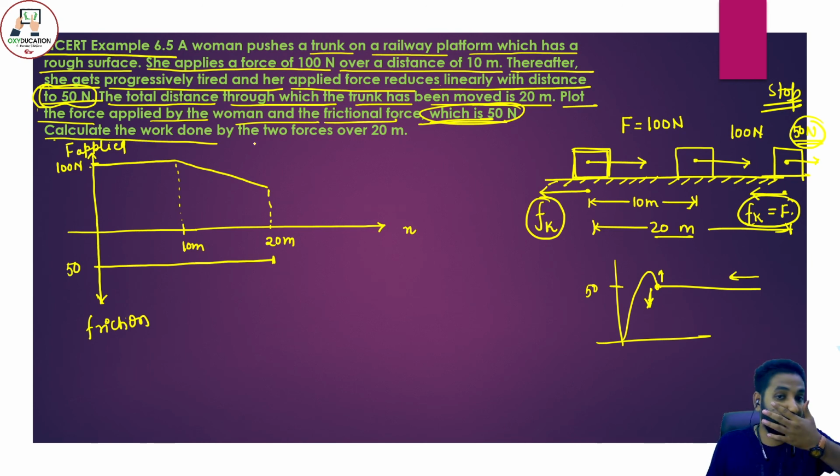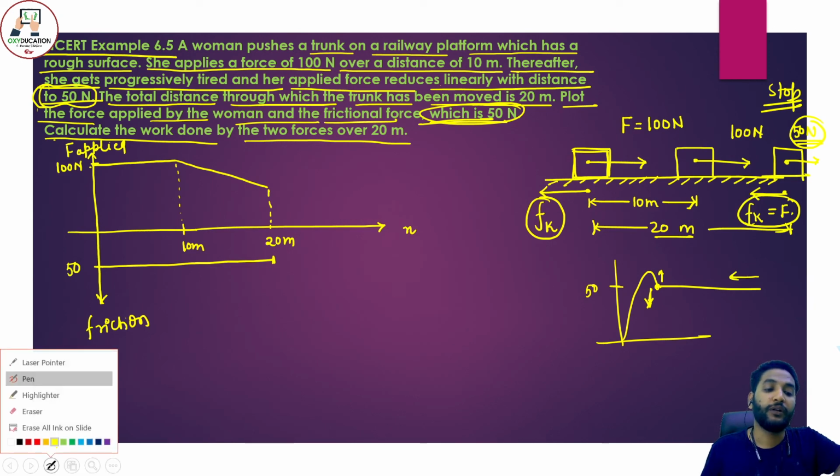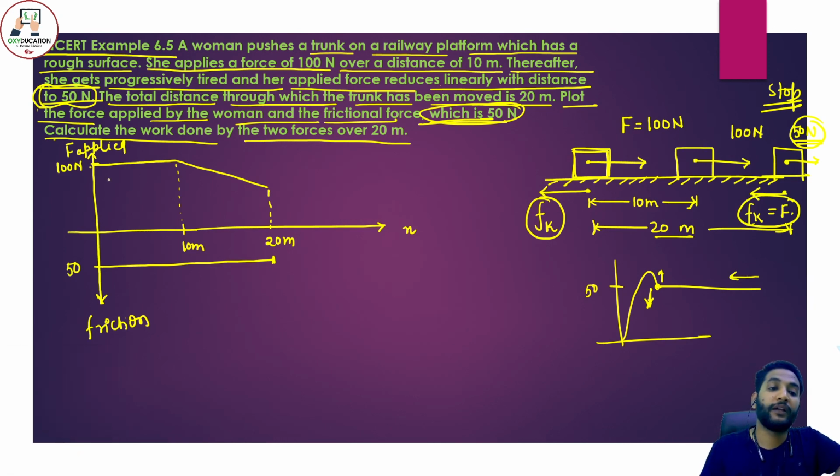कैलकुलेट द वर्क डन बाय द टू फोर्सेस ओवर द 20 मीटर. Now, if you have to calculate the work done, it means the work done by women is equals to the area under force applied by women versus x graph. Means this whole area that you have to calculate.